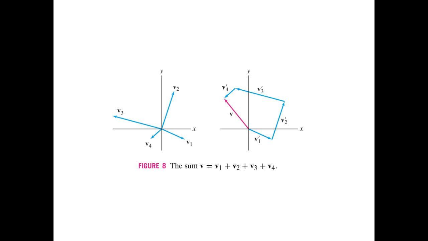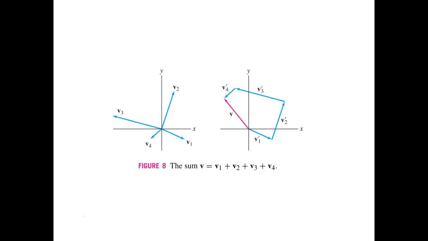You start with v1. Now, they call it v1 prime, it's the same as v1. Translate your v2 till it's tip to tail there. So it goes there. v3 is as long as here, it goes up there. And then v4 is as short coming down there. And do tip to tail, tip to tail, tip to tail. And then from the tail of the very first one to the tip of the very last one, that's your resultant vector, v.